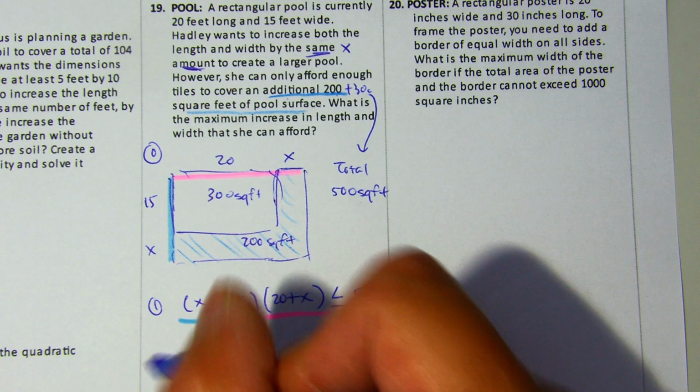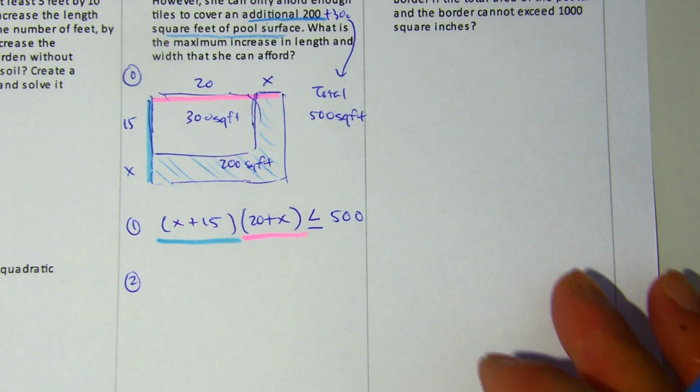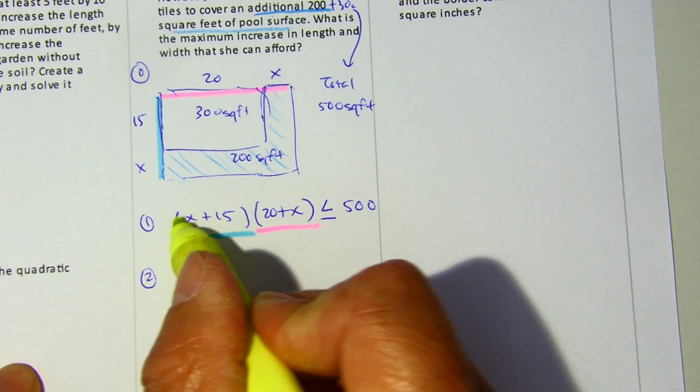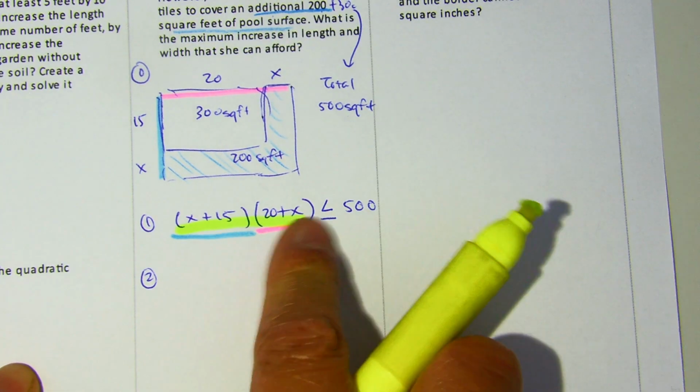Step 2 is to solve the inequality. So let's solve it. That means solving for x. So what I'm going to do here, let's use yellow, I'm going to multiply these two using a box.